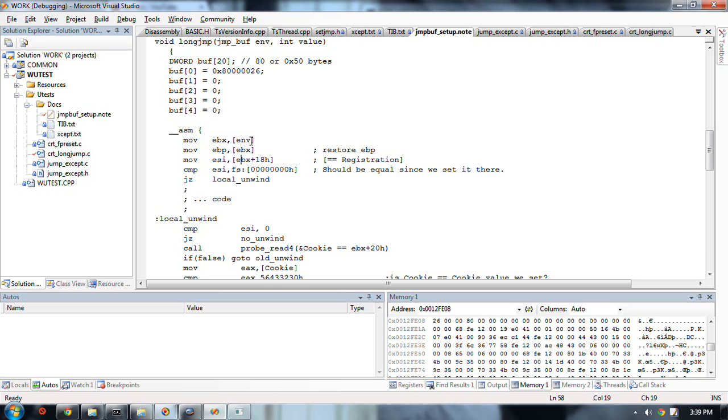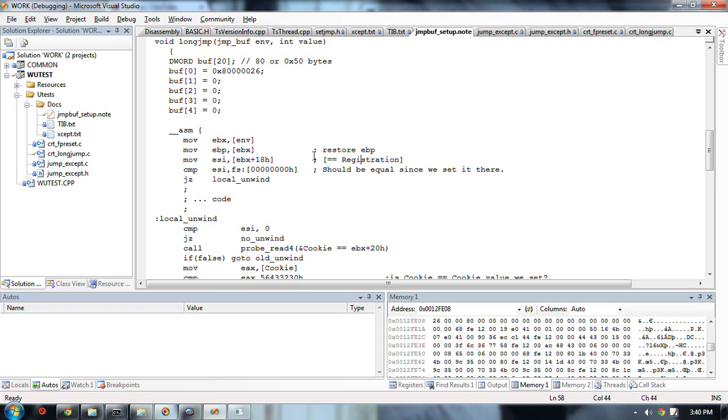This is why this is easier to see in assembler, because none of these values are any good anymore, right? The stack frame is not pointing at the stack frame of this function currently, but BX, the register value, is pointing at the thing that was passed into this function, this jump box.